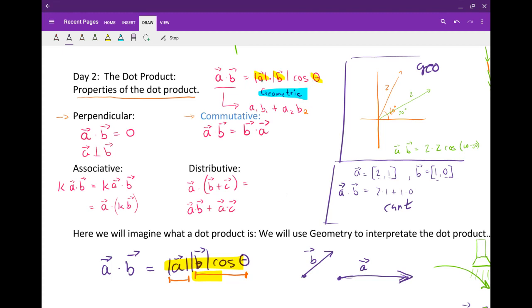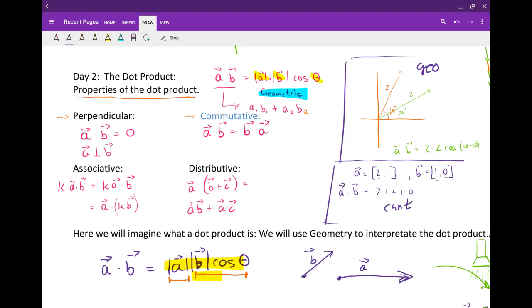In this formula that I'm pointing at, if A and B were perpendicular, then a 90 would go here. And the cosine of 90 is 0, so regardless of what's going on, you end up with a 0.